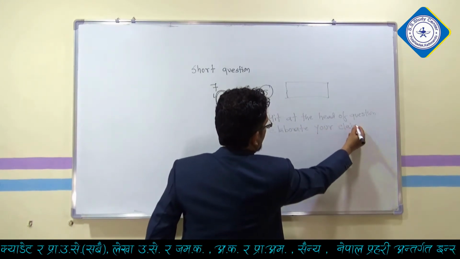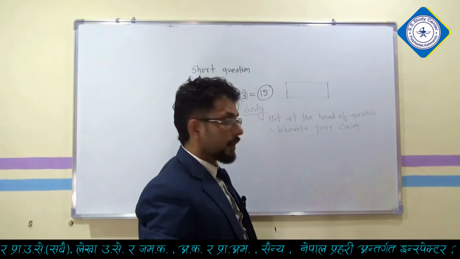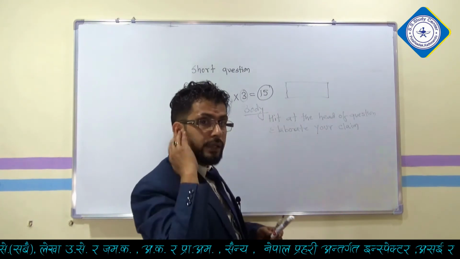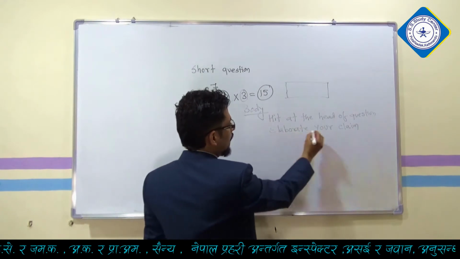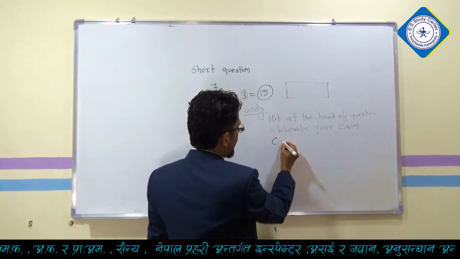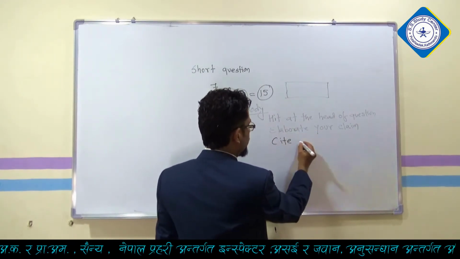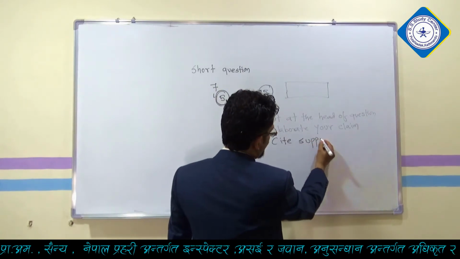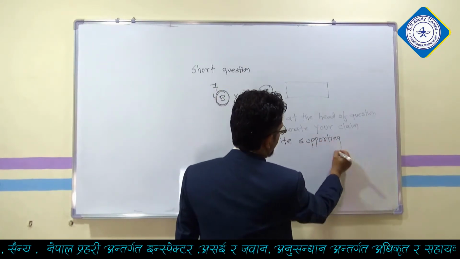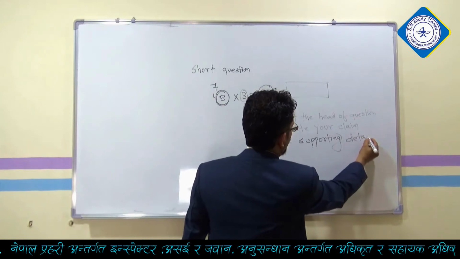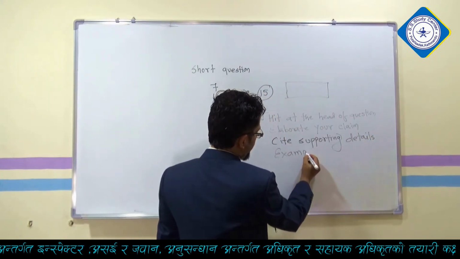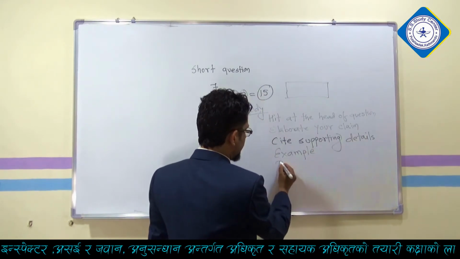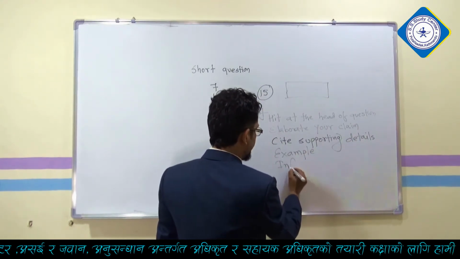You can call it your point also. You need to pay attention to me because I'm not that fast. After that, cite supporting details from the text. You can also cite examples, and finally state your inference.